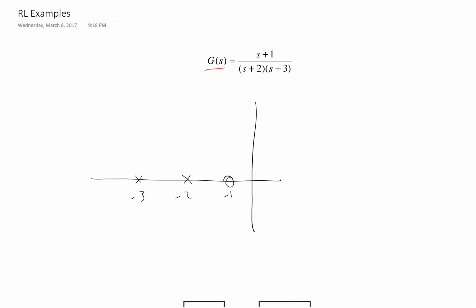And so let's see if that makes sense here by finding out where the root locus lies on the real axis. And we do this by the pin up, pin down rule, as I call it.